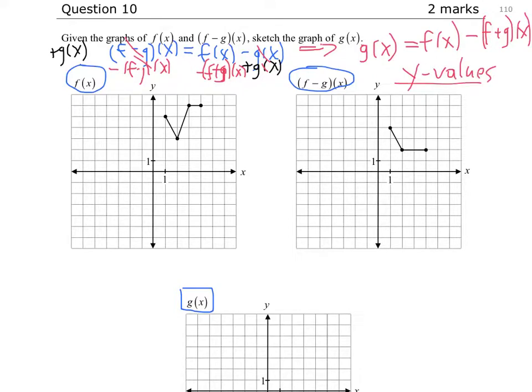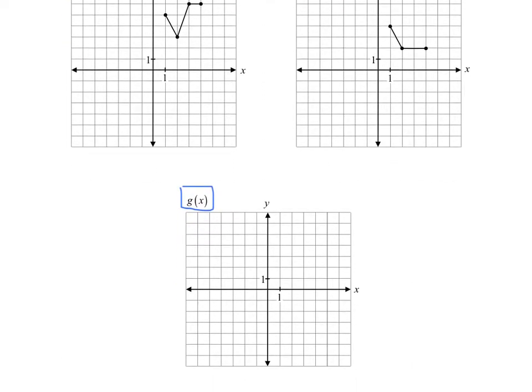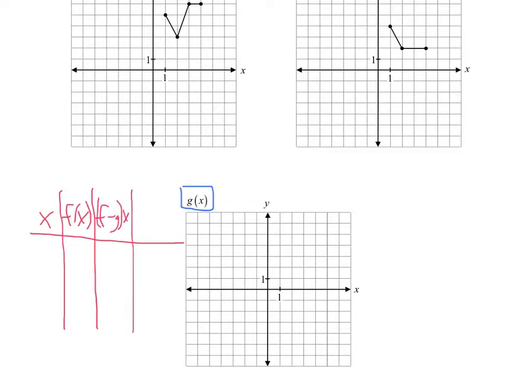So I always prefer to do these questions with a table. In my table, it doesn't really matter the order, but I'm going to put x first, and then f of x, and f minus g of x, and lastly what I'm looking for is g of x.